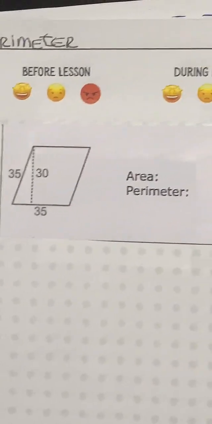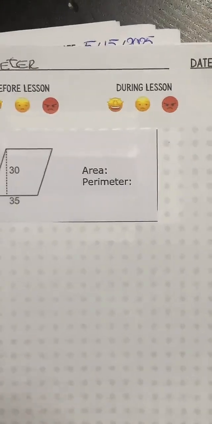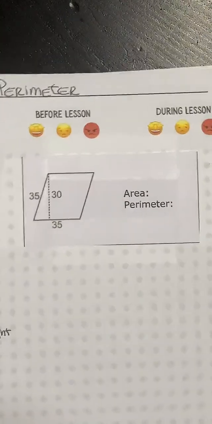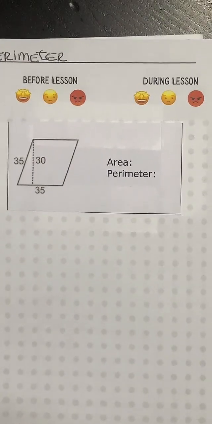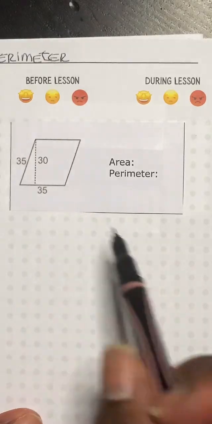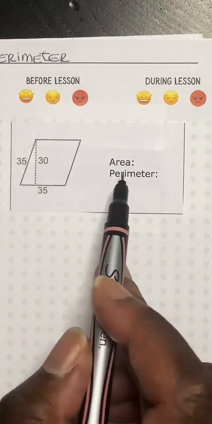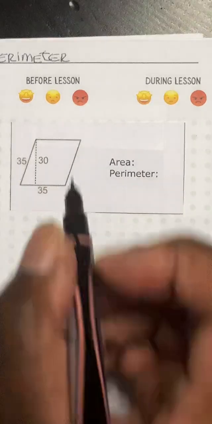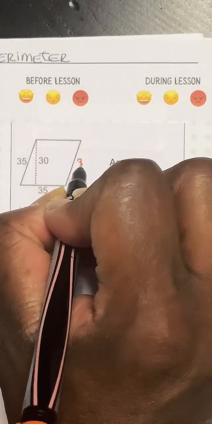And the first one we're going to do is we're going to look at the area and the perimeter of our parallelogram. So if we recall, we know that 2 sides are going to be parallel. Okay, since we're going to do area, we're assuming that they're parallel and they're going to be congruent. So that means this side over here will be 35.